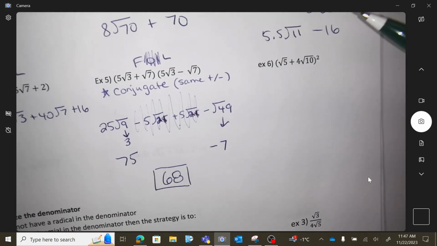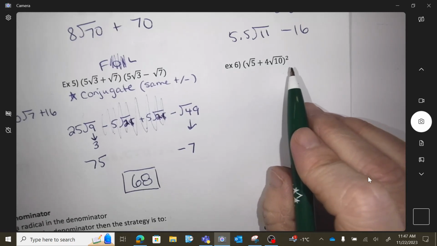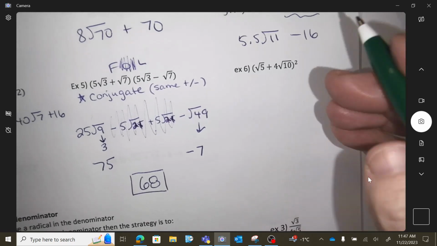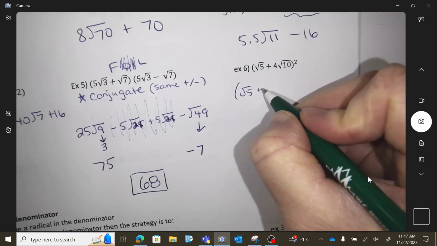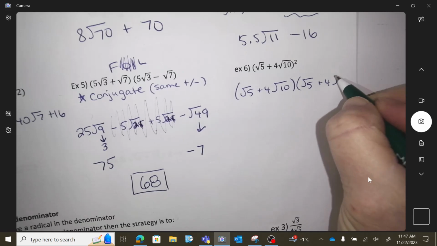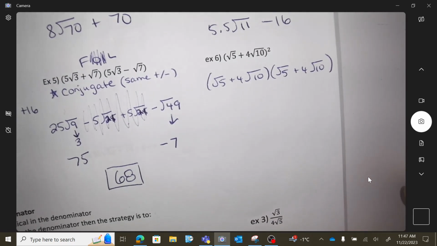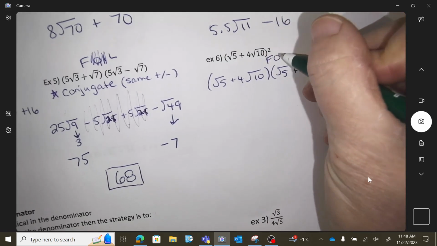Okay, last example you're going to tackle on your own, but I want to show you what it means to square something. It means repeat it twice. Squaring something means repeat it twice, and I'm sorry, there's no shortcutting.